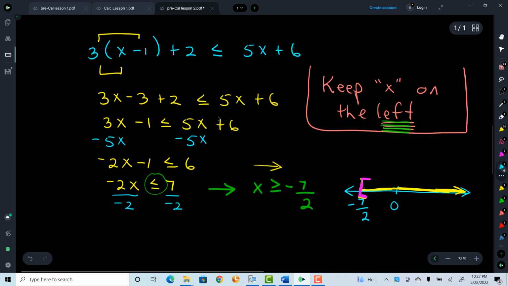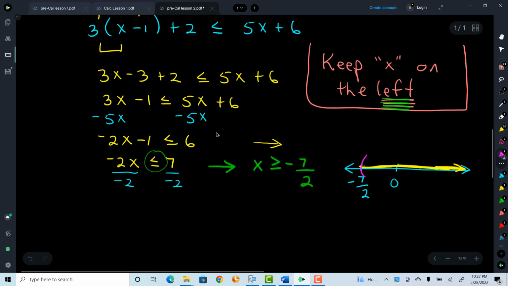What do they actually mean? The bracket means we're doing everything right up to and including the negative 7/2. Okay, the bracket means we include the negative 7/2. If it was a parenthesis, we do not include the negative 7/2, but we get as close as possible.